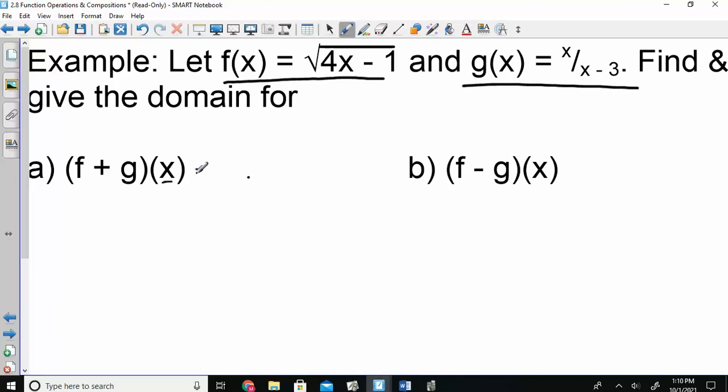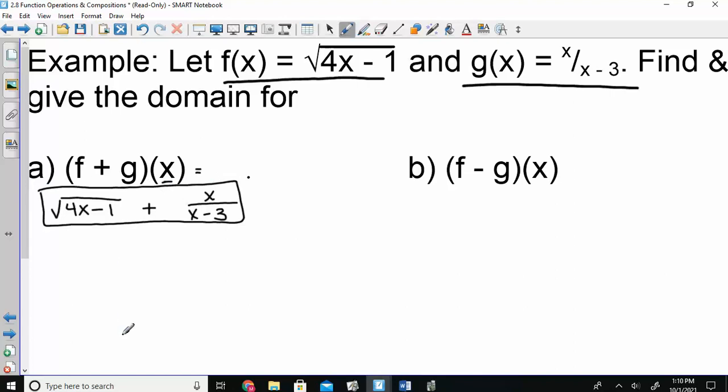I just want f plus g of x. So we just do f of x plus the g of x. Now, if there are like terms, you're expected to combine them, but do we have any here? No. I mean, we could get a common denominator and make one fraction, but it's not really necessary here. We can leave it like this.